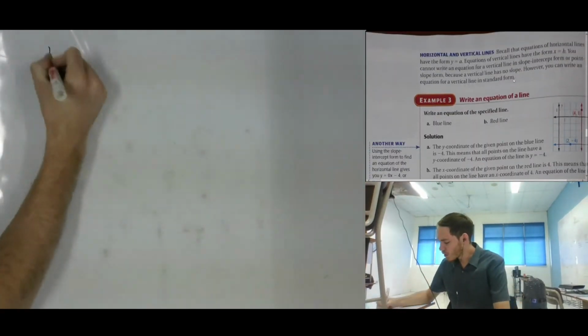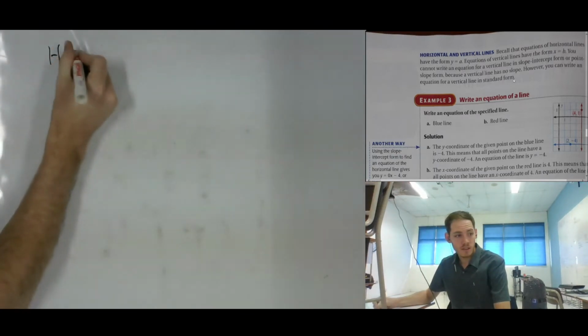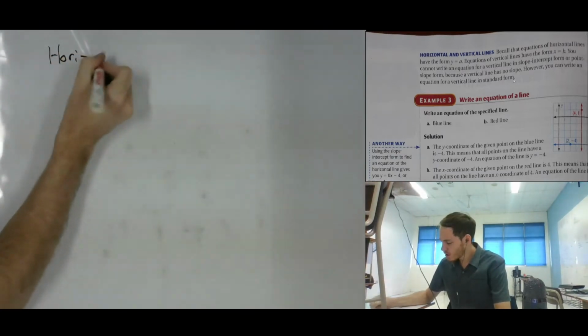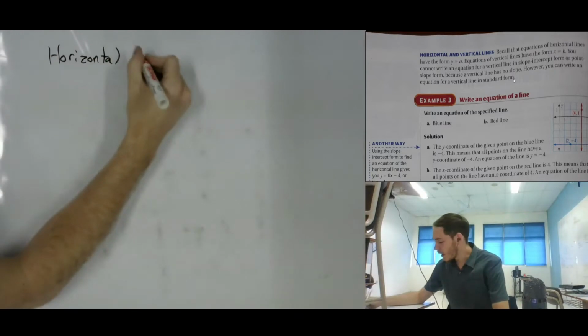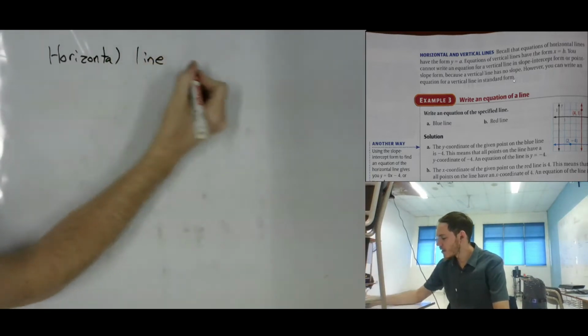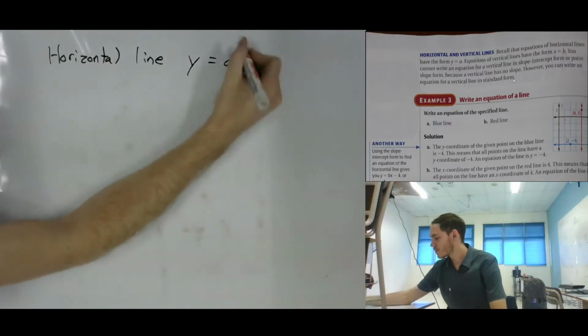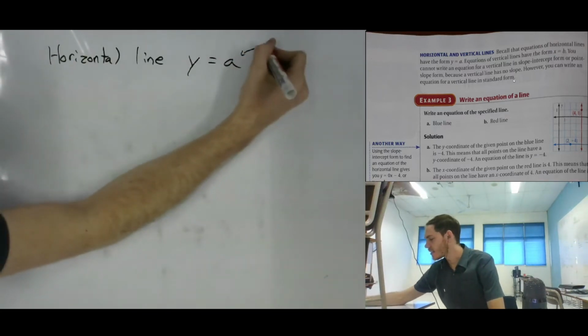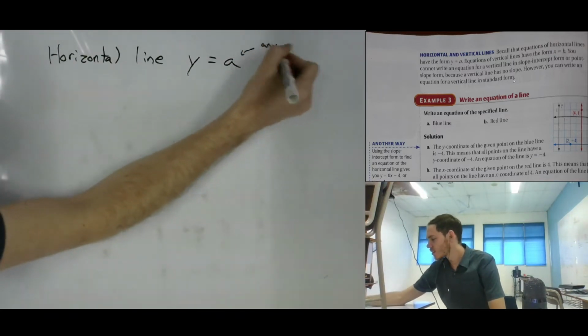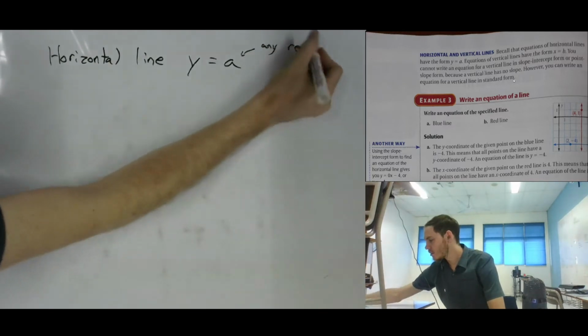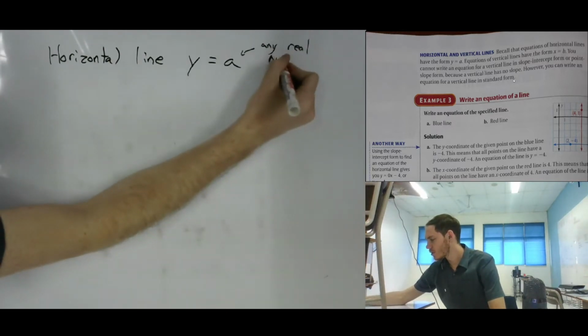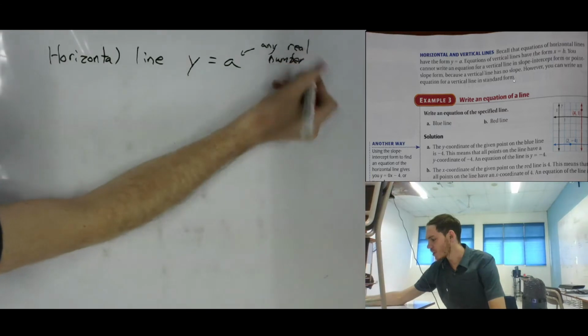Horizontal, vertical line. Okay? Horizontal line is going to be the equation y equals a number, where a is any real number. Okay? This is a horizontal line.